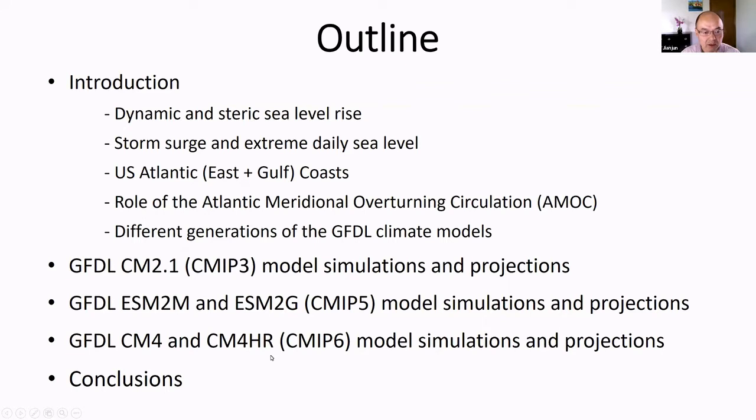Several weeks ago, Steve briefly discussed our recent study on the storm surge and extreme sea level. Today I'm going to provide more details on the study. I will discuss the role of the Atlantic meridional overturning circulation, AMOC, in causing the regional sea level rise and the storm surge.